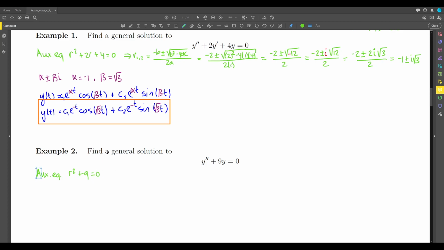And while we could use the quadratic formula here, it would be a little bit overkill because we can use the square root property. So what we can do here is that r squared equals negative 9, and then r by the square root property is plus or minus the square root of negative 9.